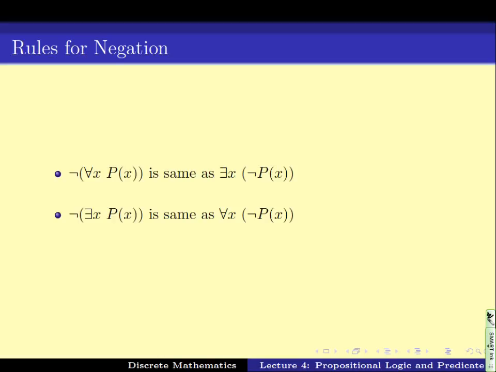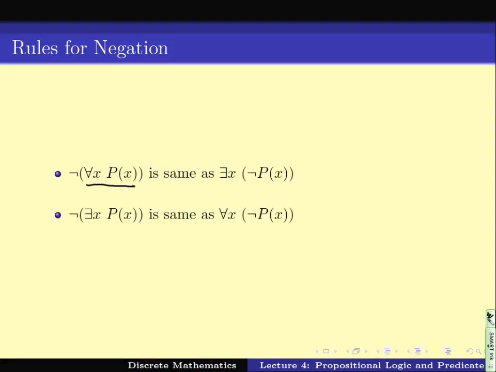Namely, if the proposition is of the form for all x P(x), where P(x) is the proposition using the variable x quantified using for all x, then the negation of this statement is: there exists an x such that P(x) doesn't hold. Or in other words, there exists an x such that the negation of P(x) is true.